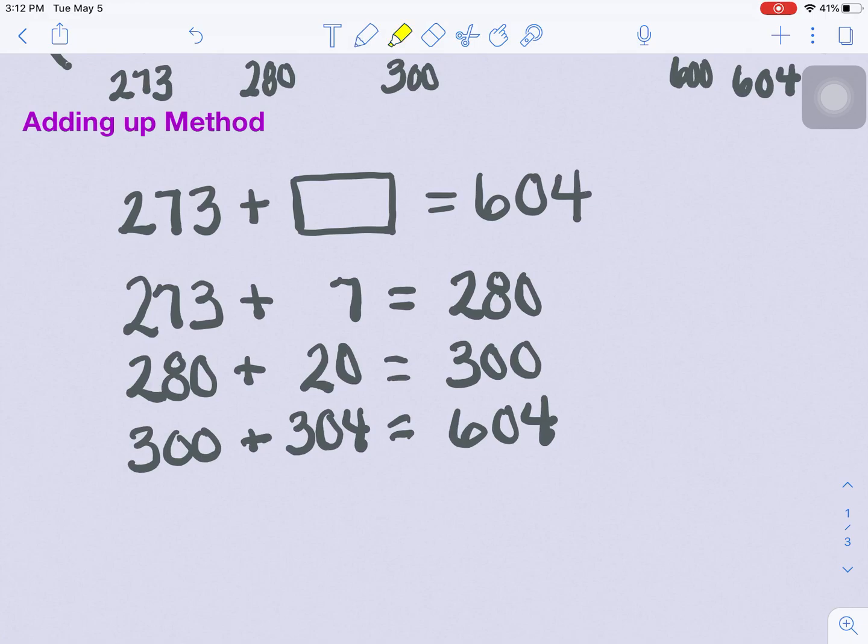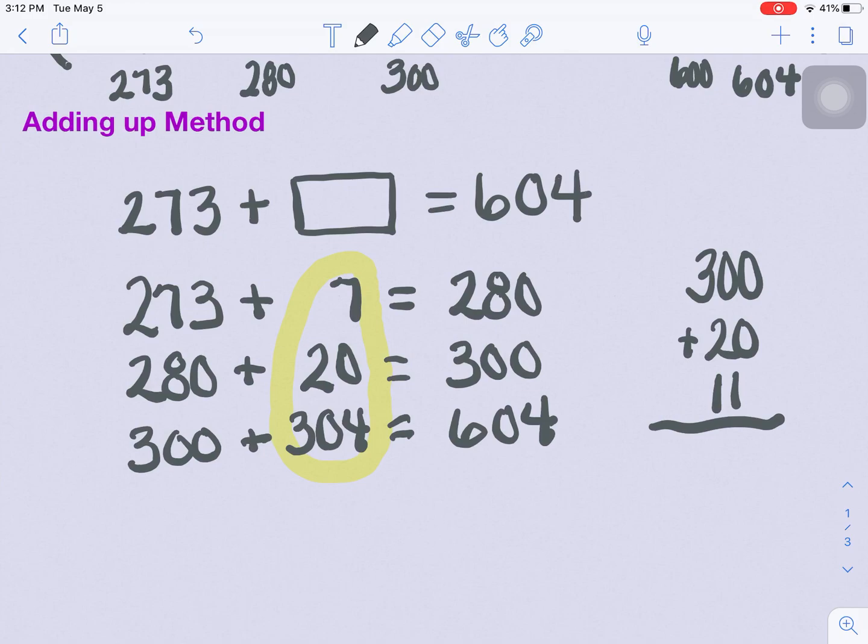Now I have to add in my head what I did here: 7 plus 20 plus 304. I sometimes like to put my numbers like this, 300 plus that 20, and that 7 and 4, like we said before, was 11. So I have 1 in the ones place, 3 in the tens place, and 300, for 331.